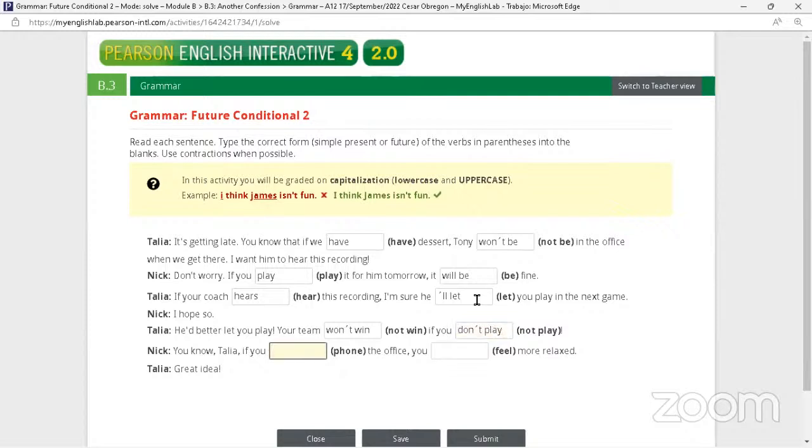You know, Talia, if you find the office, you will feel more relaxed. Okay, are you ready?